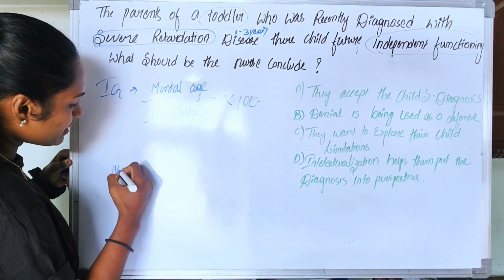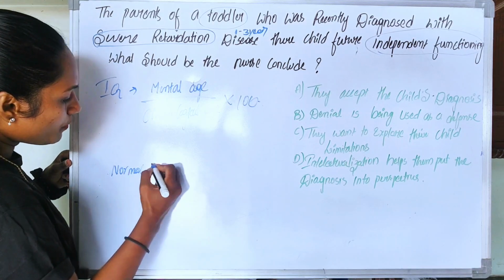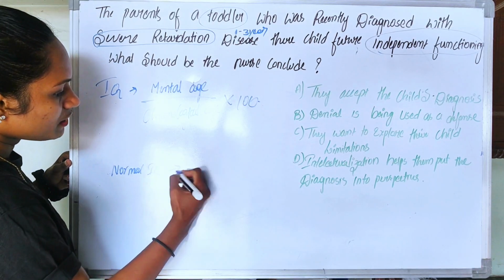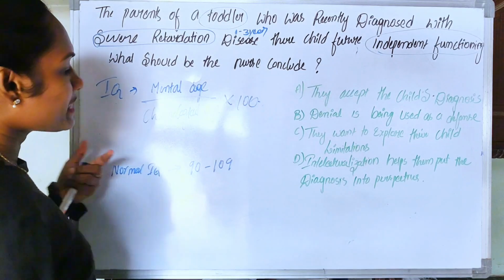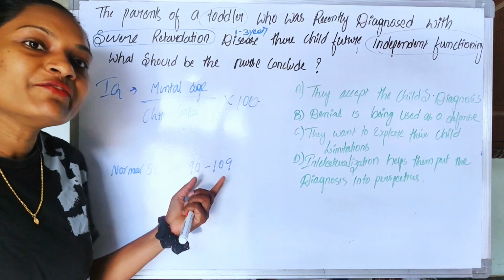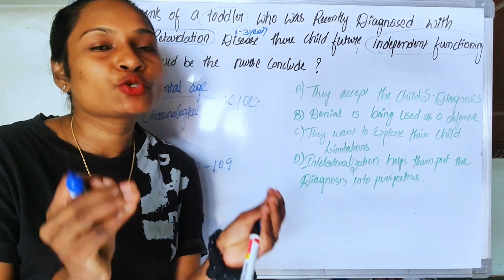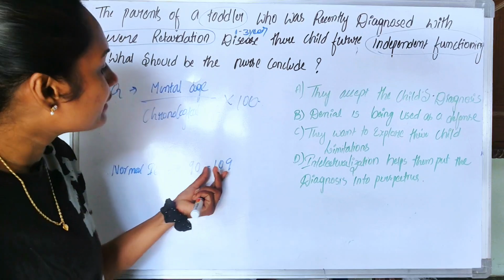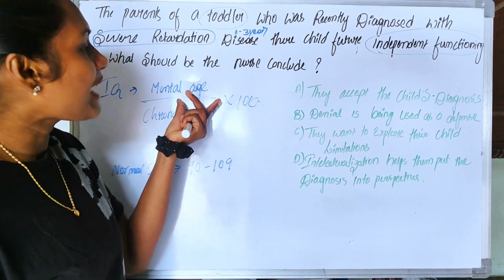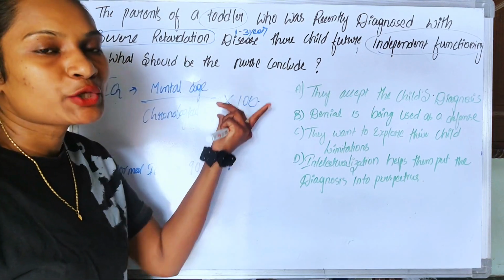Normal IQ level is 90 to 109 for all human beings. Whoever is in a normal condition will be considered as 90 to 109 after calculating their IQ formula.